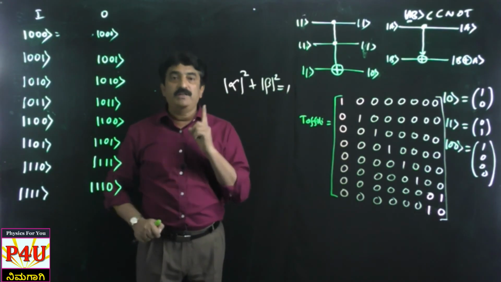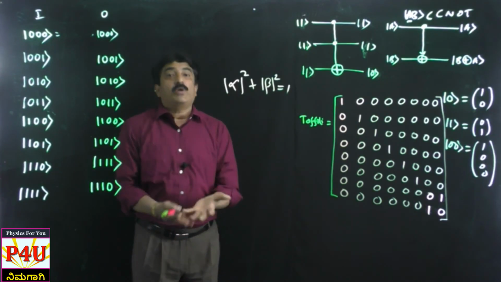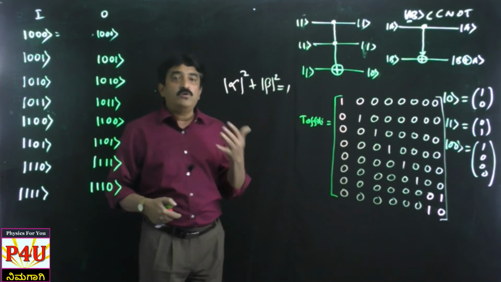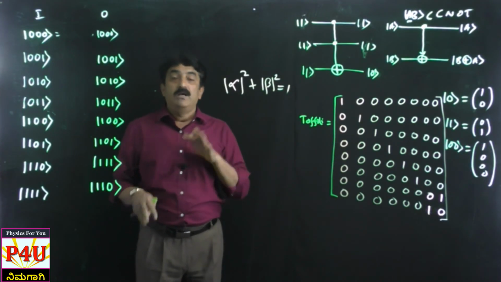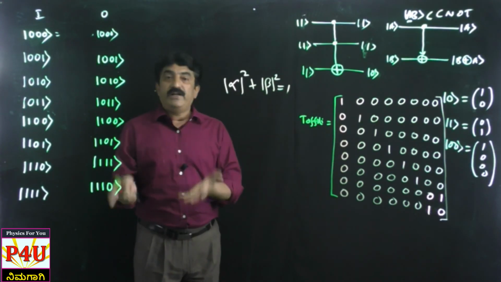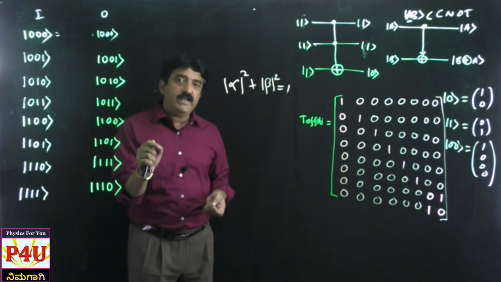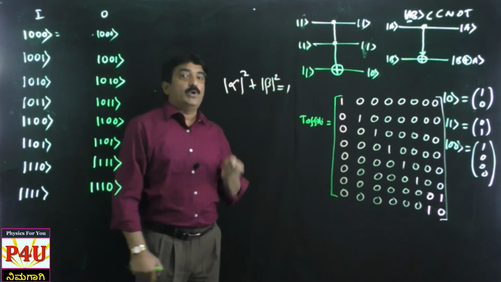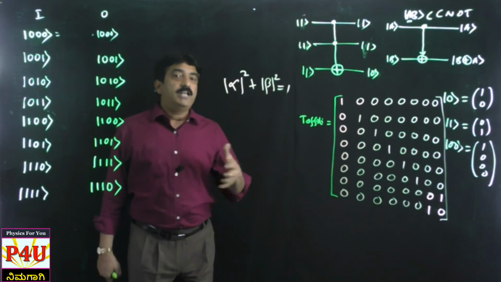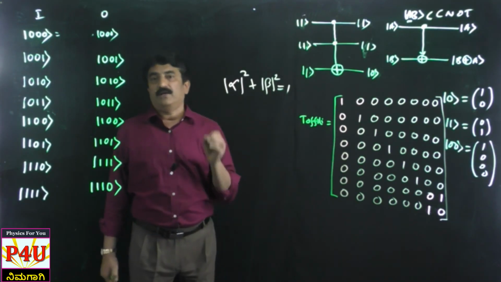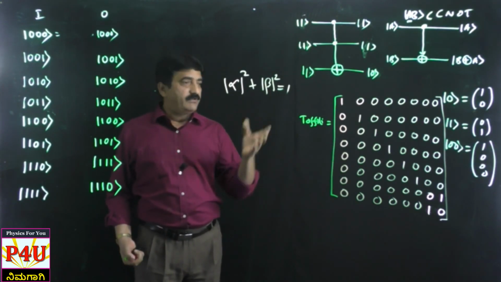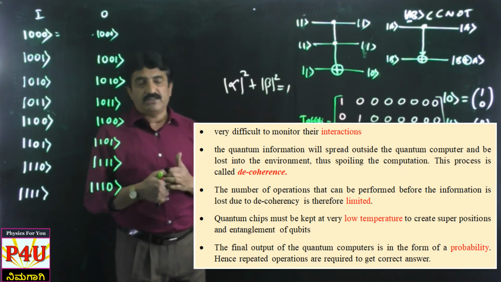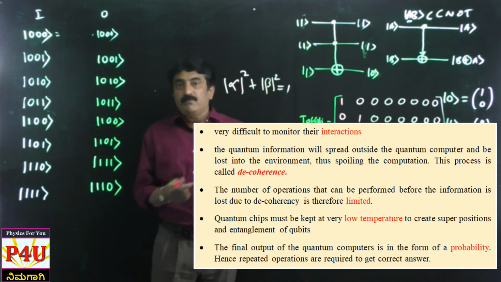When we have a probabilistic answer, to get the accurate answer, what do we have to do? We have to do the operation several times. If you do multiple operations, you get the exact answer. So initially output is probabilistic. To get the realistic and accurate answer, repeated operations are required. So these are the drawbacks. I have given the list here, please follow the list. This is about quantum computation.